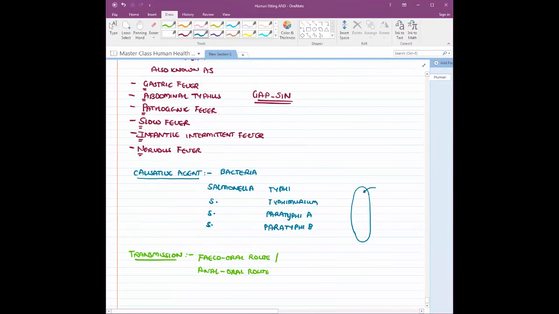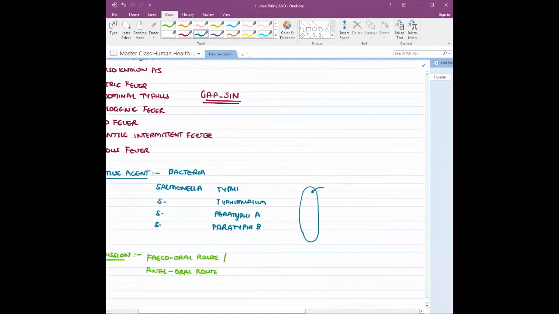This outer coating is made up of lipopolysaccharide, and on this we have an antigen. We call this antigen O.